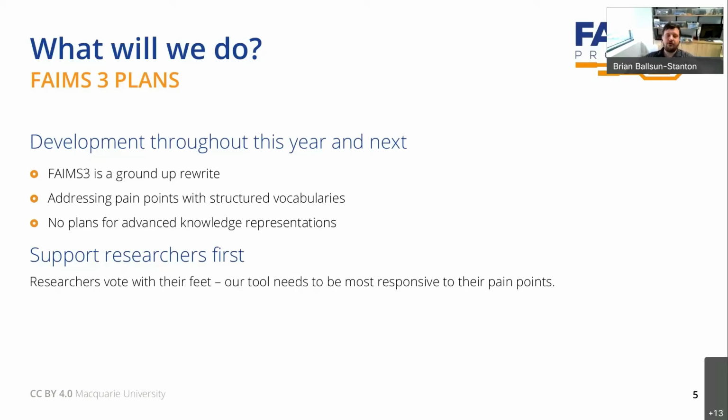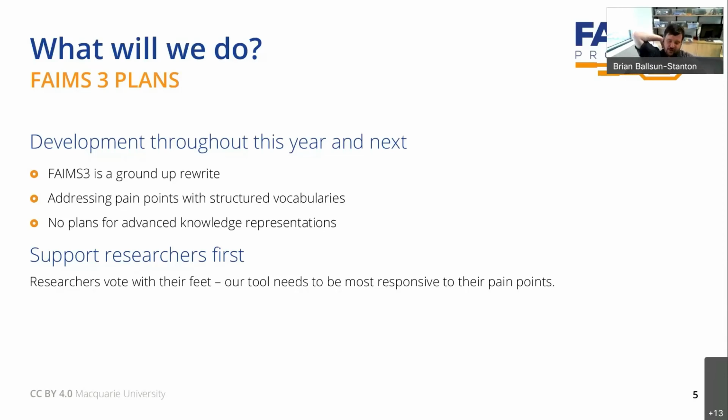However, we have no plans for advanced knowledge representations until someone pays us to do that. And we're using that willingness to pay us to do something as our gate. Now, look, when we say willingness to pay us, it's probably not going to be the cost of implementing the feature, but if they're willing to pay for a feature, that shows that it's valuable to them. And what this is in support of is that researchers vote with their feet.